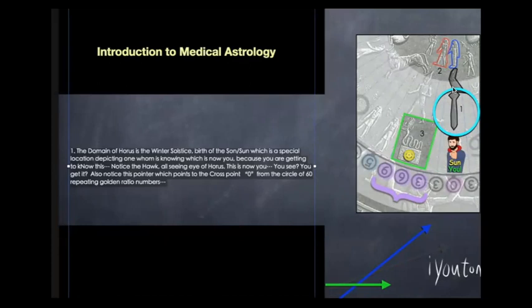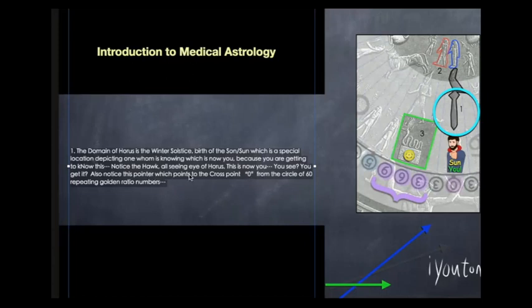That's what Horus is. So this is the domain of Horus. Birth of the sun, which is a special location depicting one who is knowing, which is now you, because you are getting to know this. Notice the hawk, the all-seeing eye of Horus. This is now you. You get it?